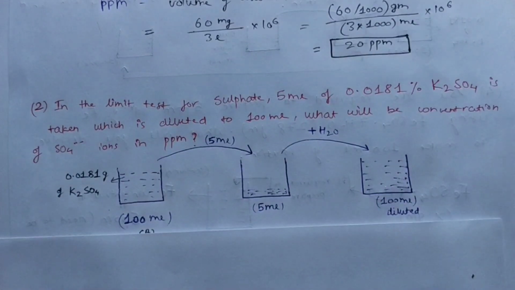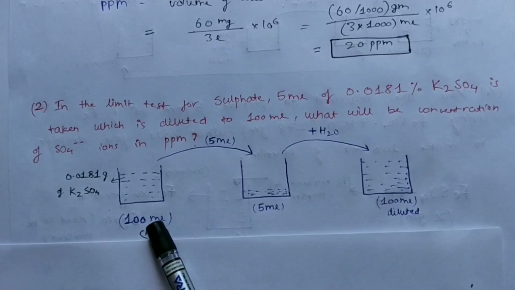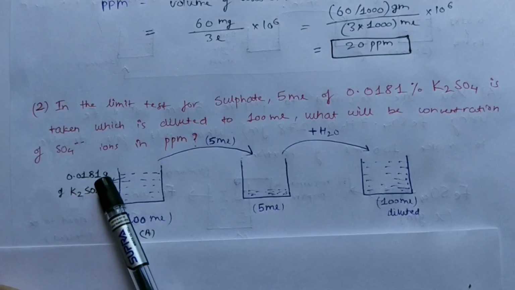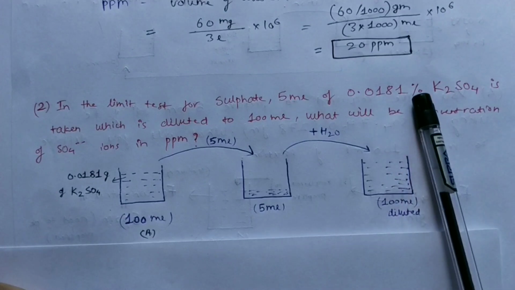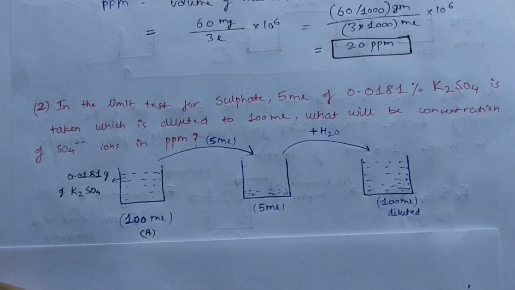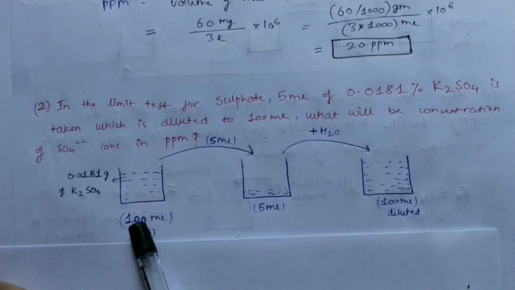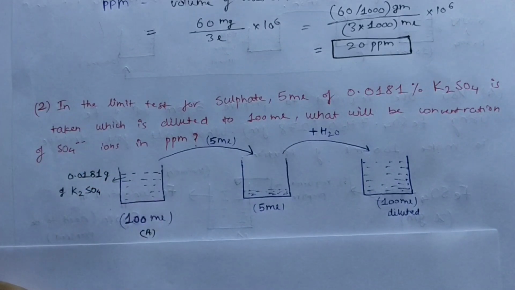This means in 100 ml of potassium sulfate solution, 0.018 gram potassium sulfate is present. Percent means the same thing: if you got 80% marks in math, out of 100 you got 80 marks. Similarly 0.0181% means out of 100 ml, 0.018 gram of potassium sulfate is dissolved there.